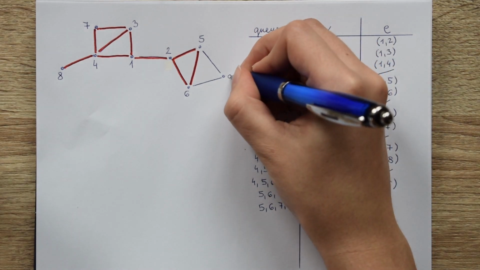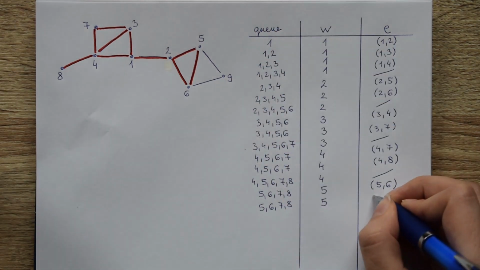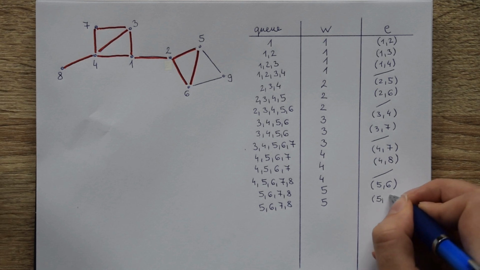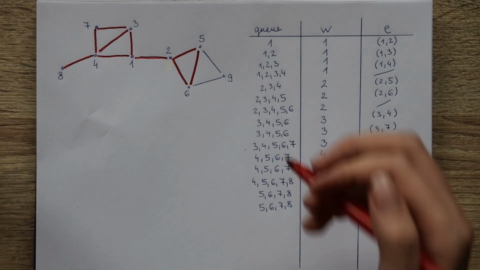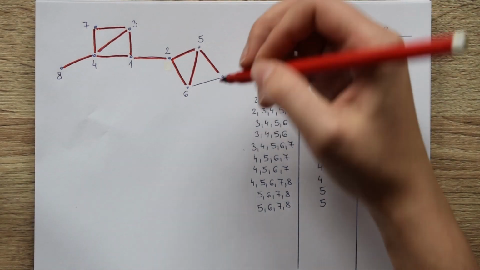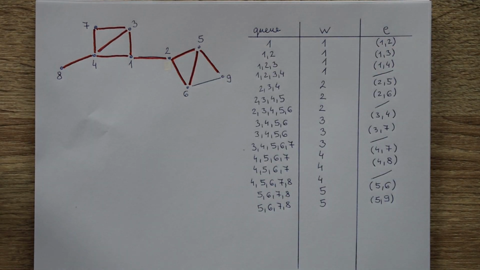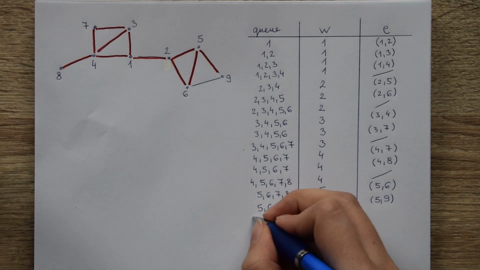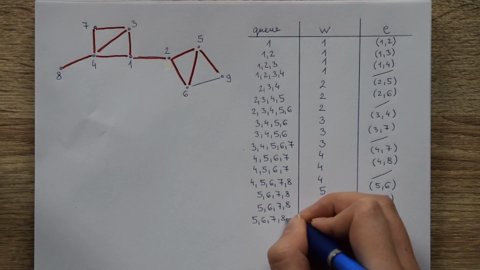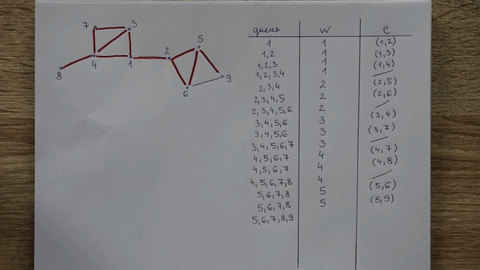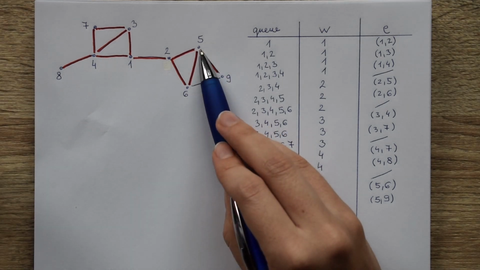I mark this node as node 9 and add it to Q. All edges coming from node 5 are marked. So I remove node 5 from Q.